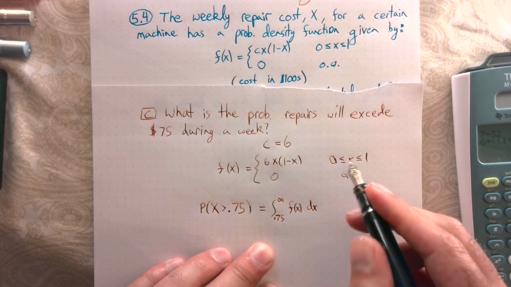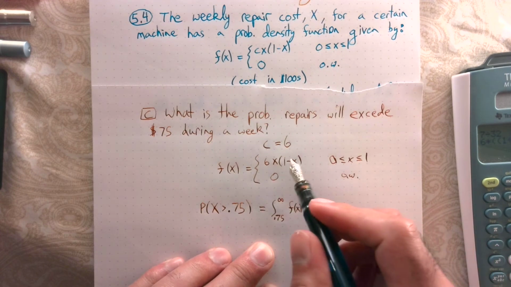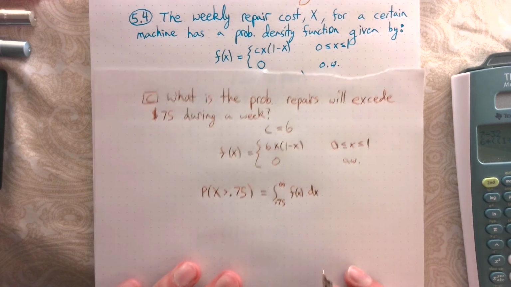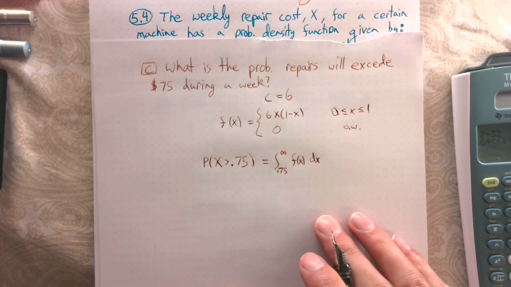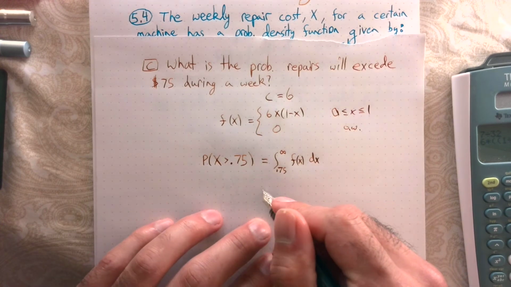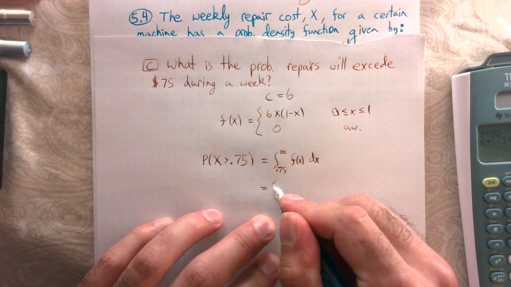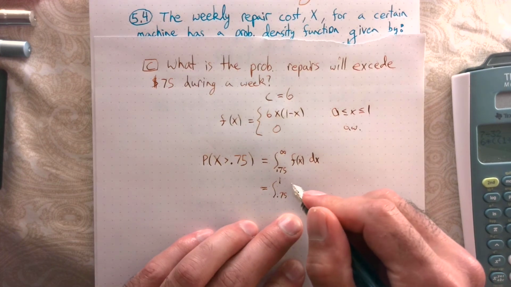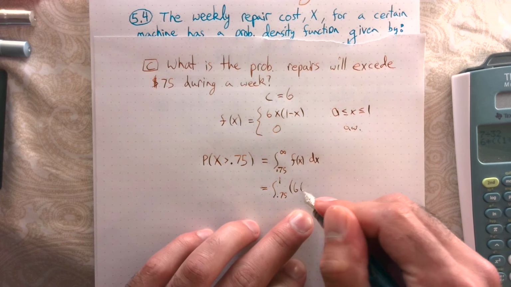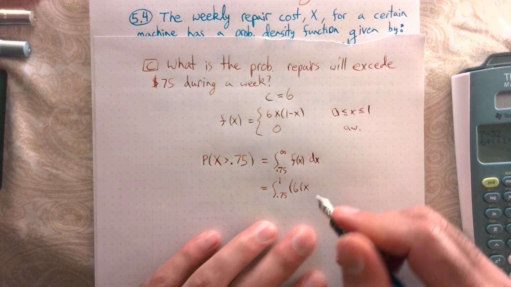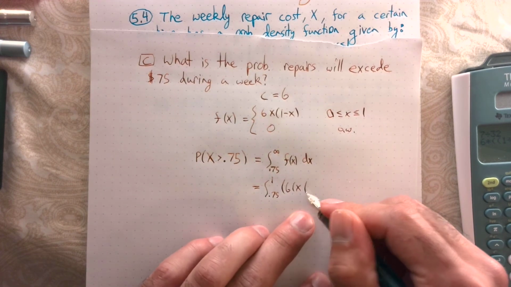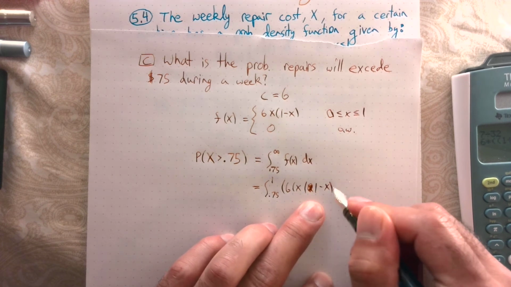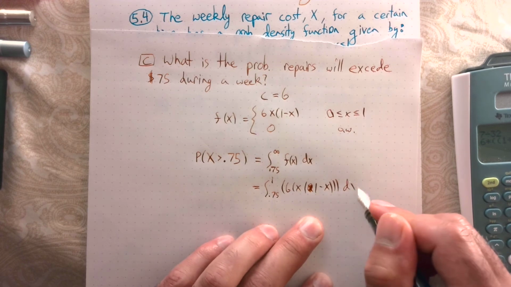Remember, in this specific case, our density function only takes non-zero values between 0 and 1. So in our case, this is going to be that we're integrating from 0.75 to 1, and then our density function is 6 times x times 1 minus x, sorry about that, dx.